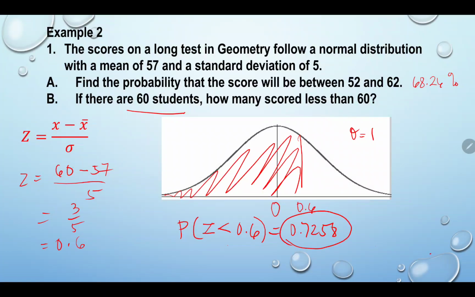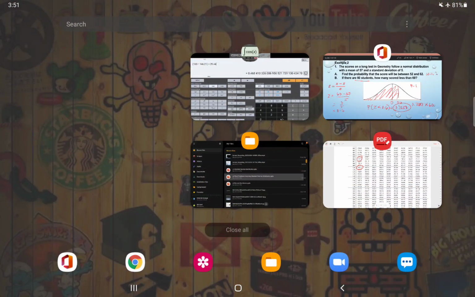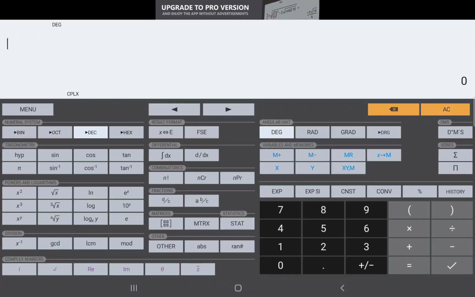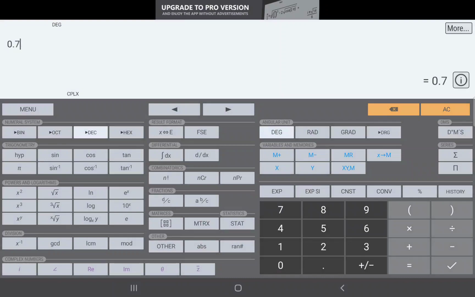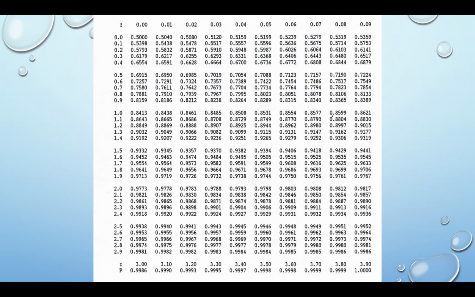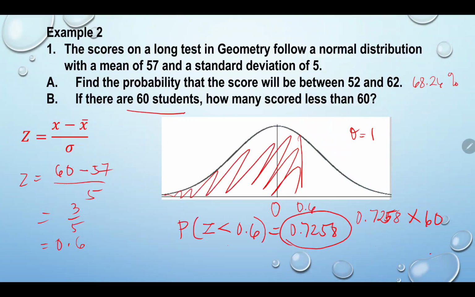So 72.58, 0.7258 times 60. So it's 43.54 or approximately 44 students. So our answer there is 44 students.